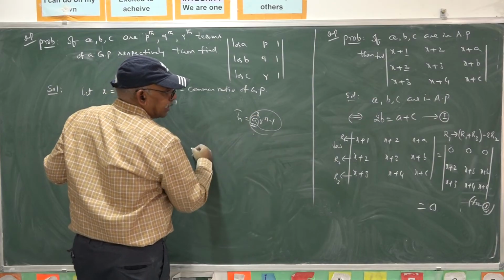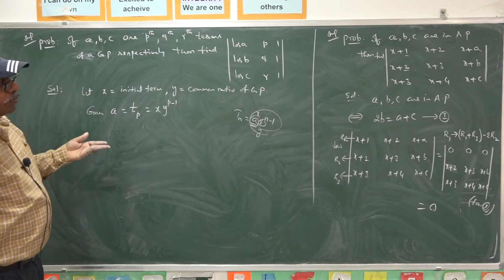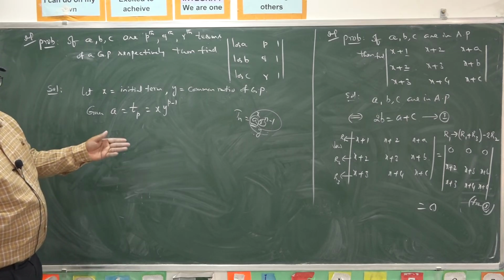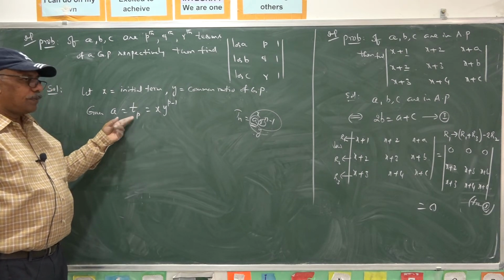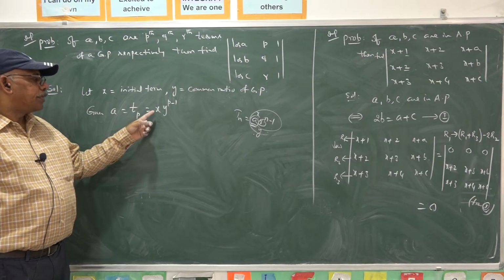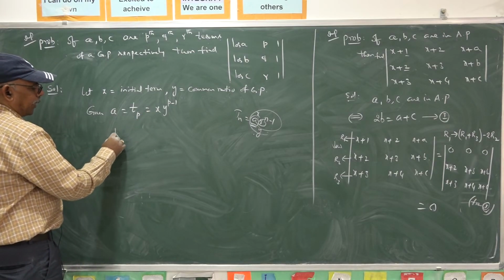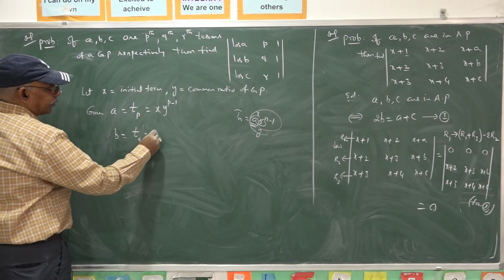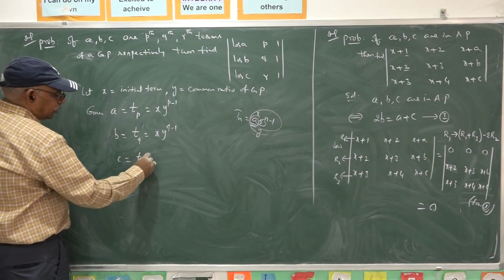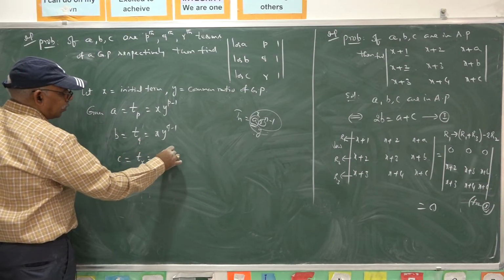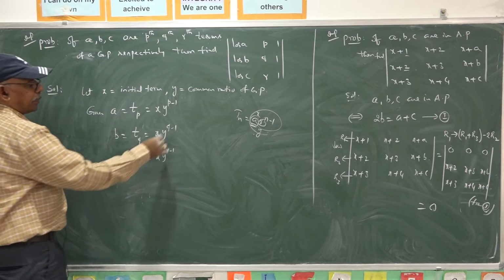Here A is taken as X and Y as R. So A, the pth term of the GP, is X Y power p minus 1. Similarly, B, the qth term, is X Y power q minus 1, and C, the rth term, is X Y power r minus 1.